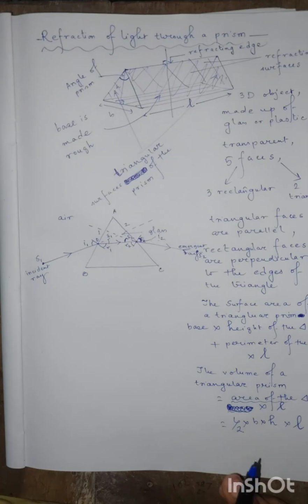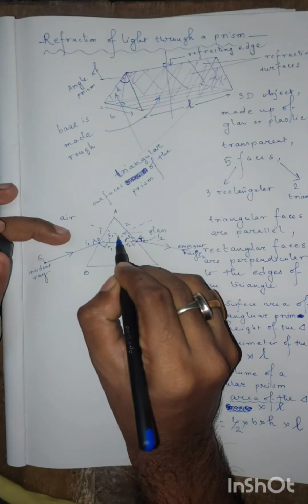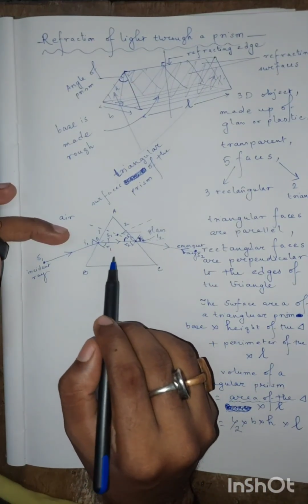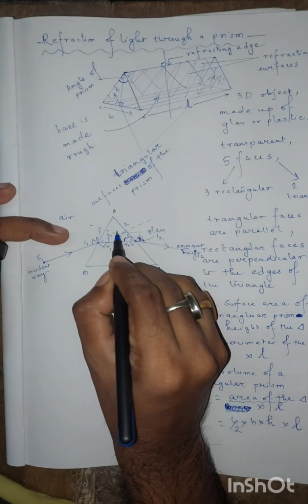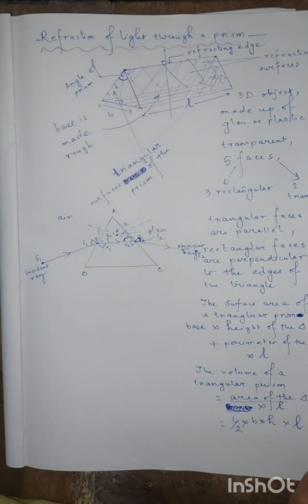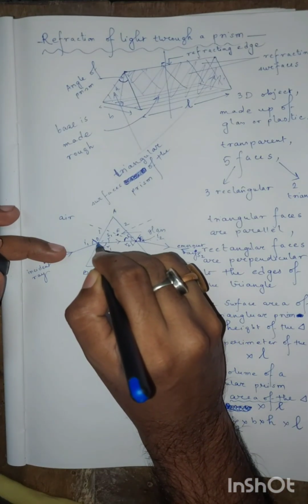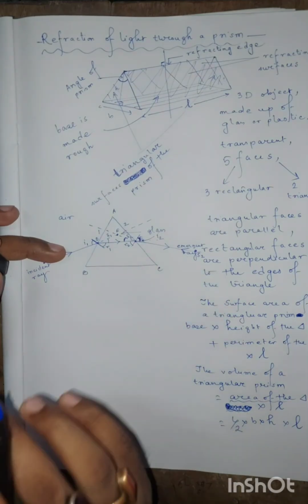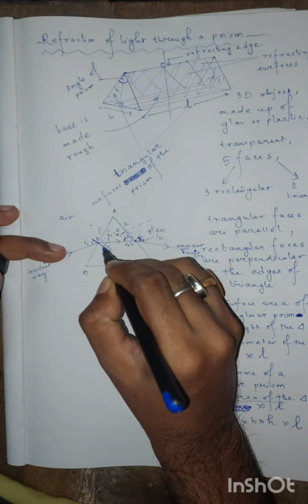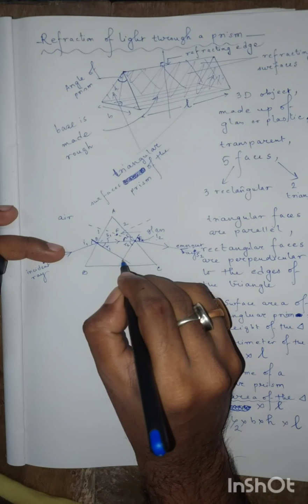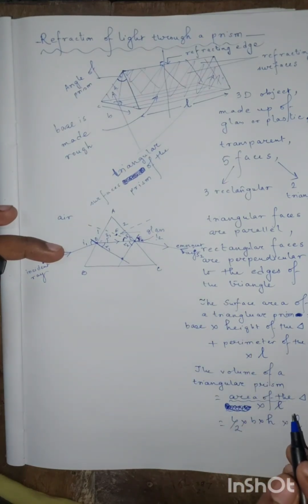Now let us call this point F, and if we extend these perpendiculars or normals, these two perpendiculars will intersect at a point.